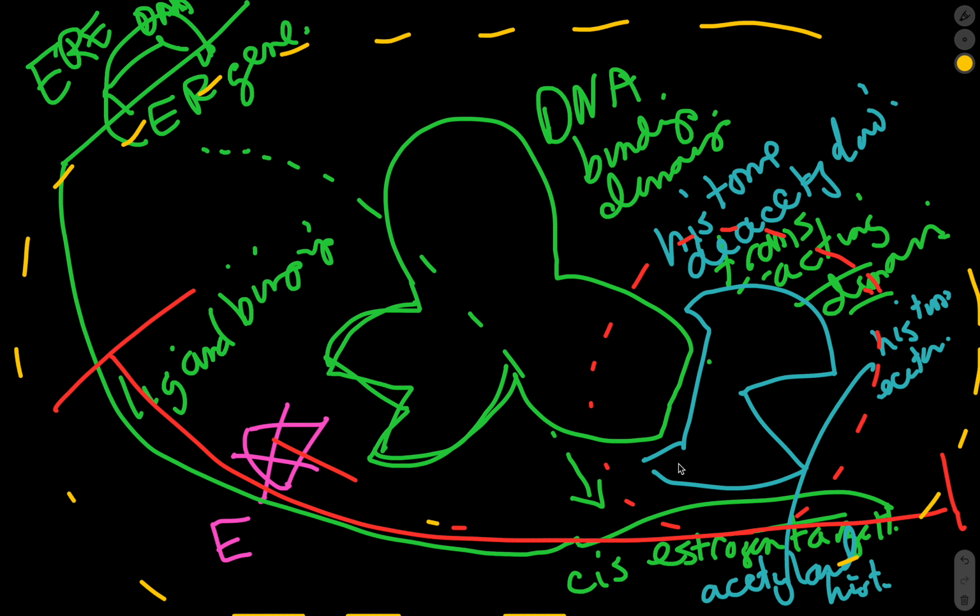And we're going to change the chromatin. And so this procedure is an example of many, many types of examples of what's called remodeling chromatin.